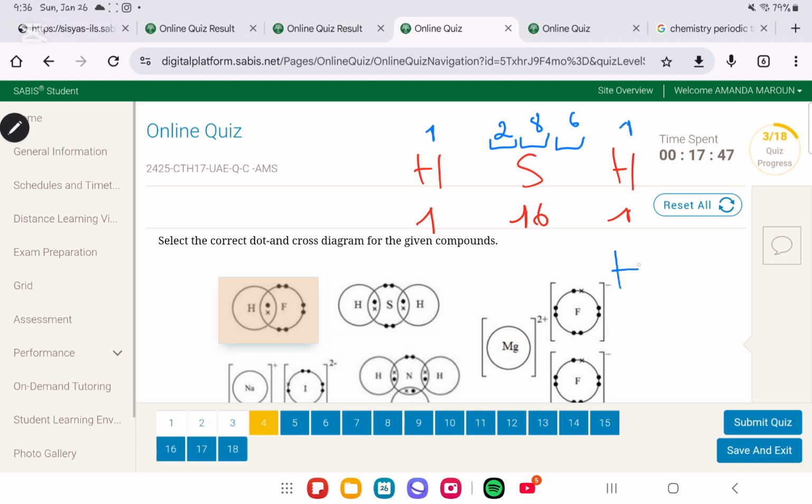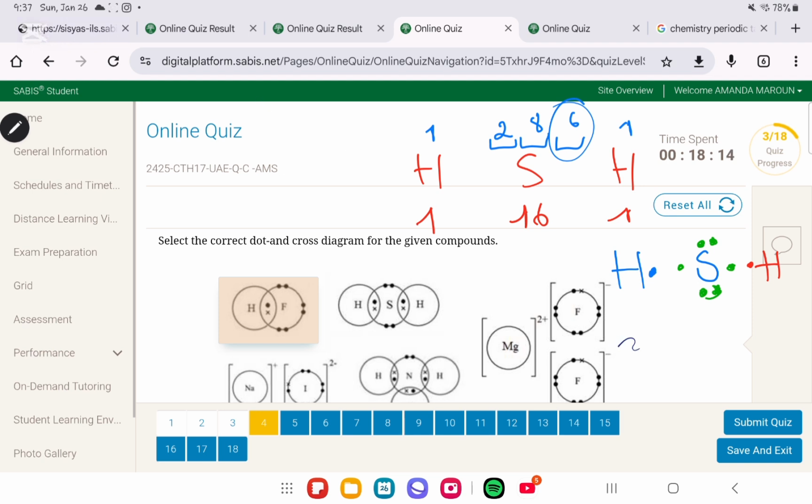So again, H is gonna have 1 free electron. S, on the other hand, has 6 free or valence electrons. So I'm gonna choose green. So it's gonna be 1, 2, 3, 4, 5, and 6. You will now see why I did it like this. Then we have the other H, which will have another free valence electron.